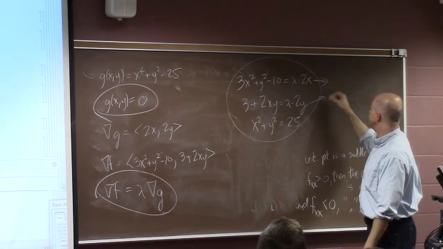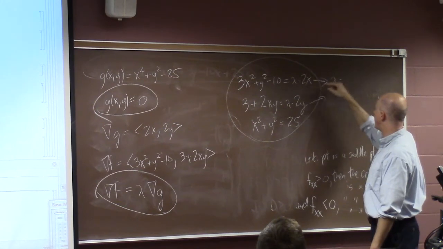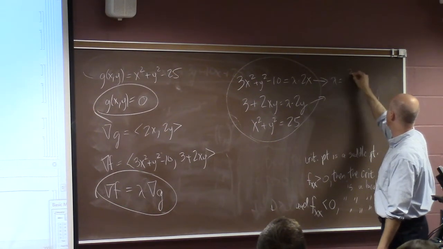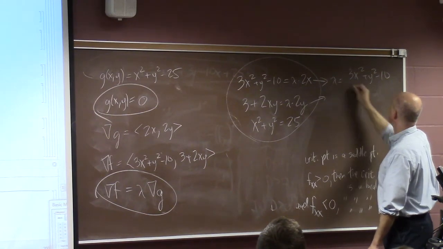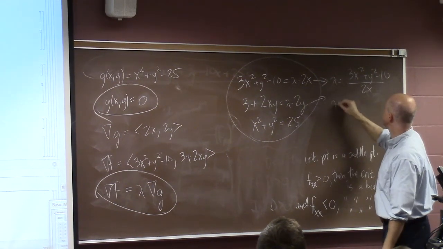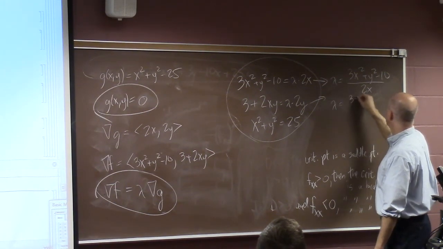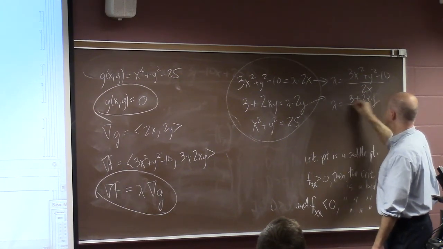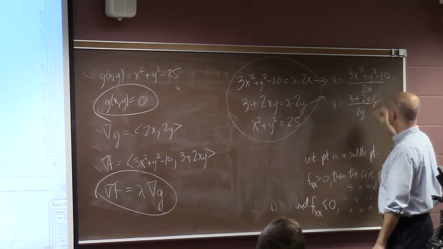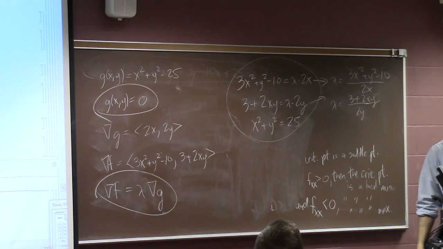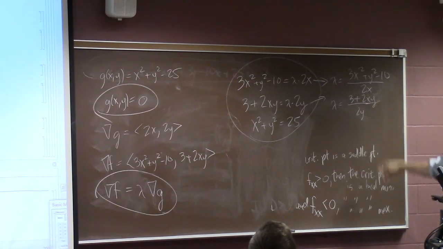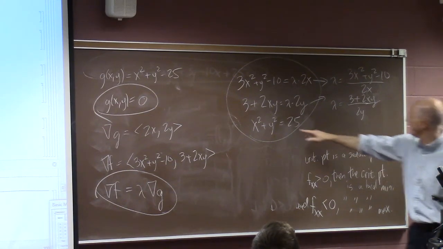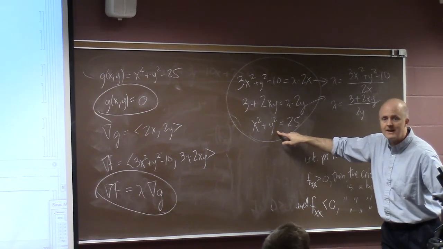Is it solvable in this case? Well, the typical method is to solve these equations first for lambda, like this and like this. And then set those two things equal to each other, as long as you're avoiding places where you'd be dividing by 0, and try to solve that equation for x in terms of y along with using this thing too.